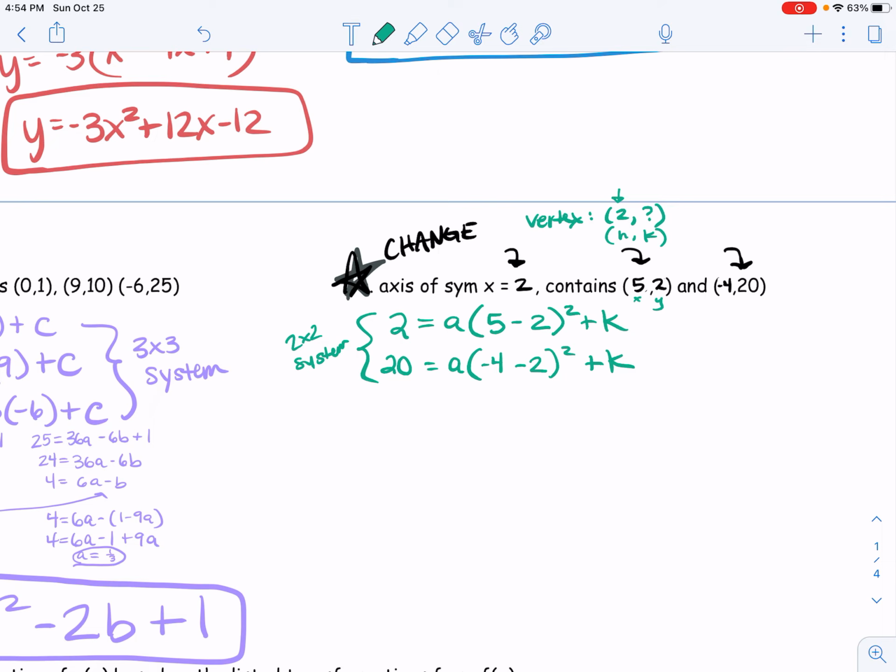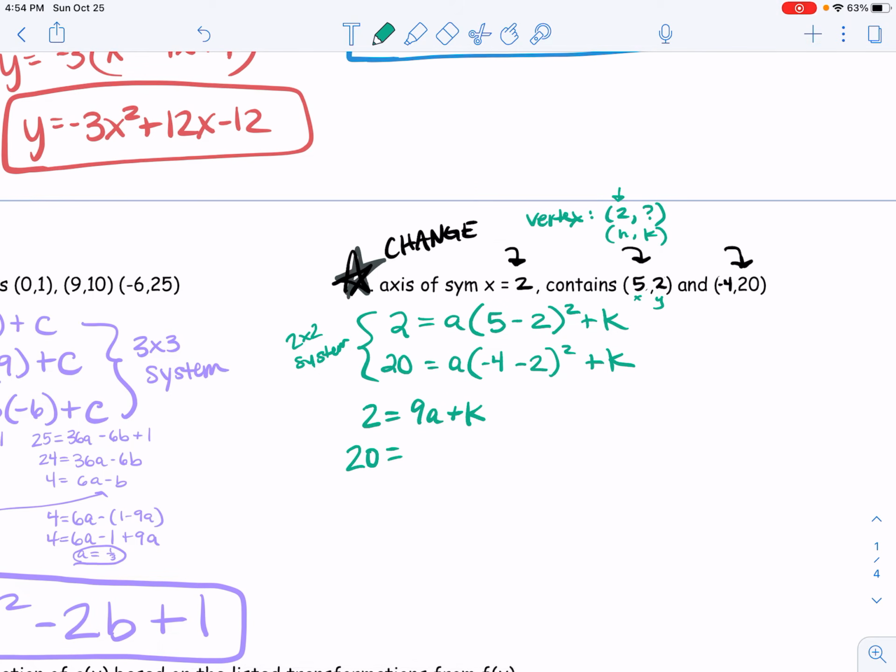Well, first what I'm going to do is simplify. So I have 2 equals 5 minus 2 is 3, 3 squared is 9, a plus k. And then 20 equals negative 4 minus 2 is negative 6, negative 6 squared is 36a plus k. And so then I'm going to do another substitution here.